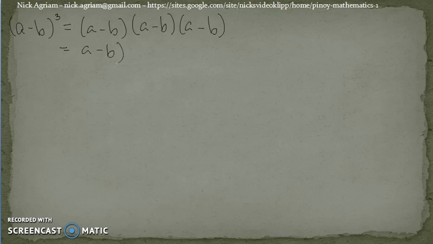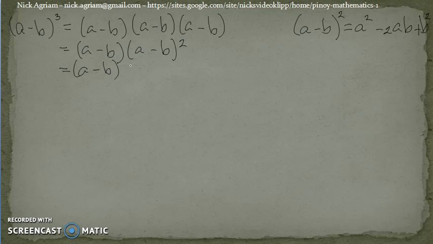Simplify a minus b and a minus b raised to the power of 2, or the square of a minus b. As we have discussed before, a minus b squared is the square of the first term minus 2 times the product of the two terms, and then the square of the last term. Then I will write it here now: a squared minus 2ab plus b squared.